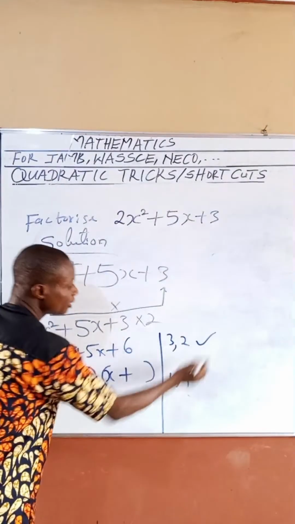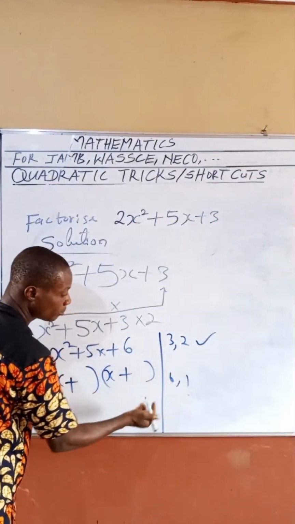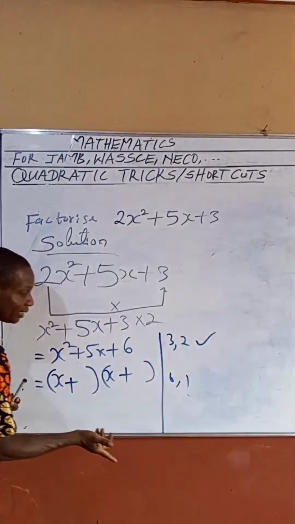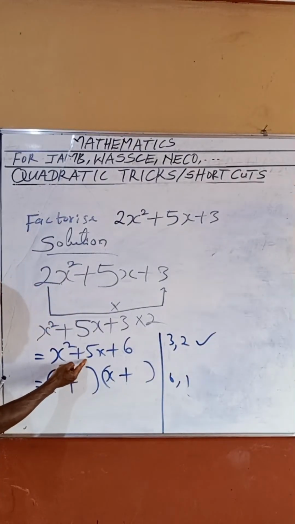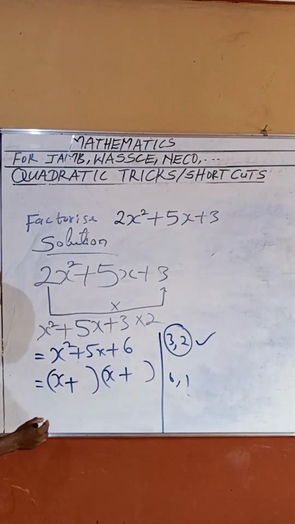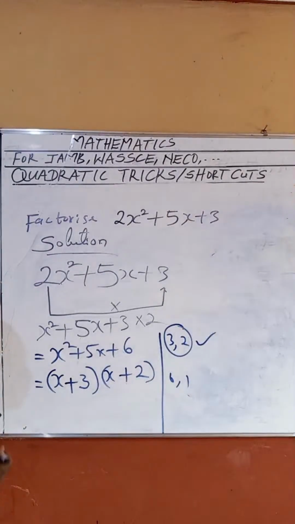This is the answer we are going to pick. We cannot pick 6 and 1 because 6 plus 1 is 7, and what we have here is 5. So we are going to put our 3 here and 2 here.